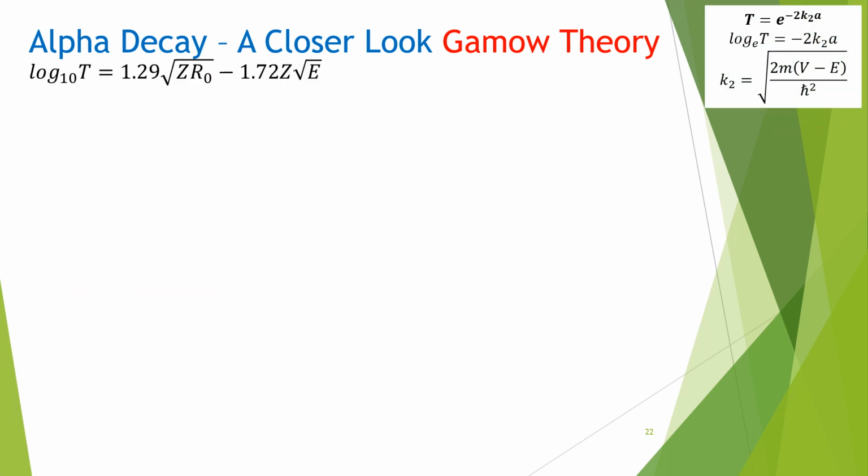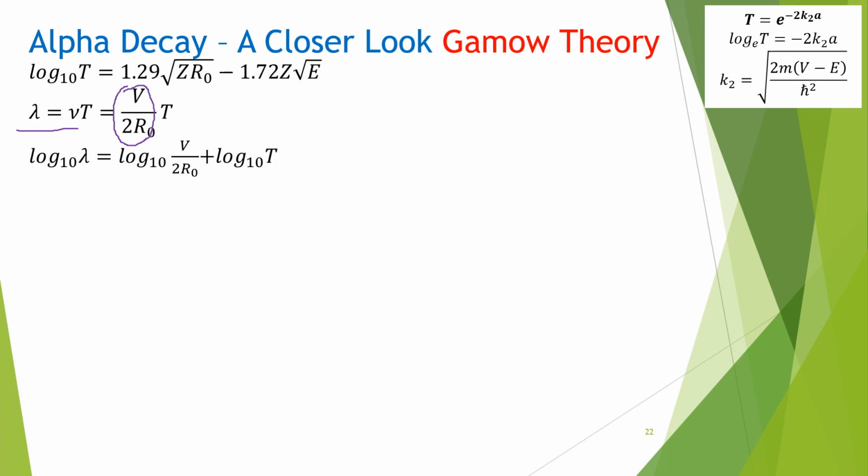Now we have again the previous equations. Lambda is equal to nu times capital T, and we have seen that nu is equal to V upon the diameter, that is twice R0, and taking log to the base 10 on both sides, we obtained log of lambda to the base 10 is equal to log of V upon twice R0 to the base 10 plus log of T to the base 10.